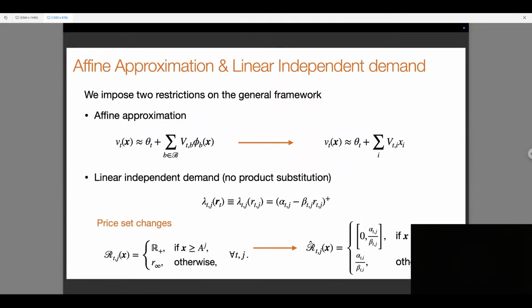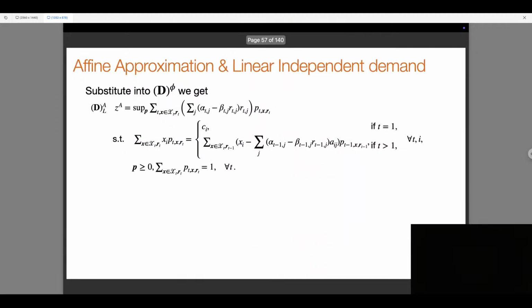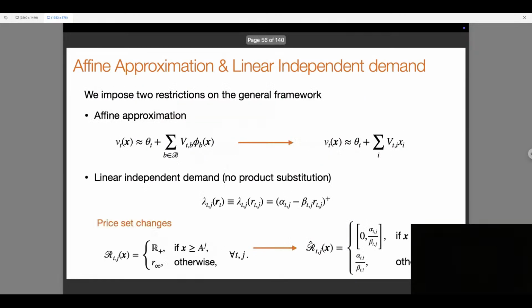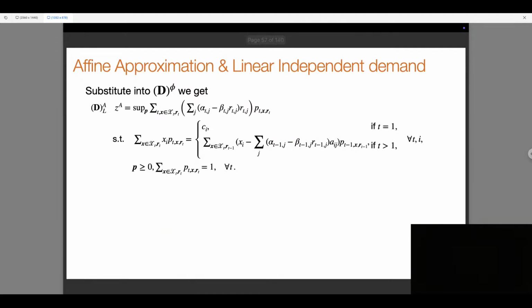So it's meaningless to set the price set larger than this range. And also with these two changes, we substitute into the dual, we can get the dual with this formulation.